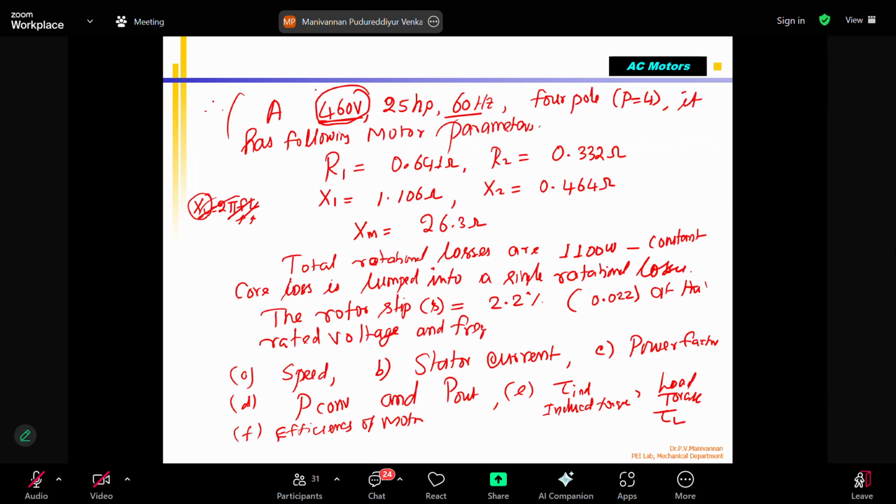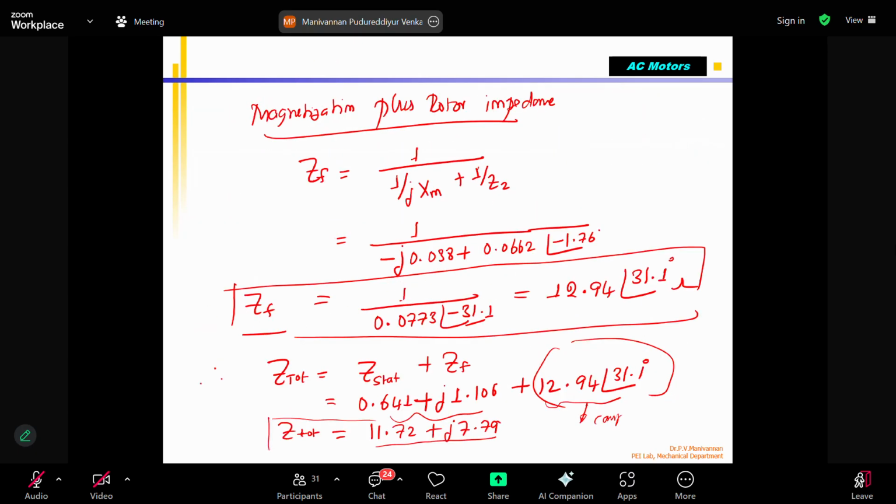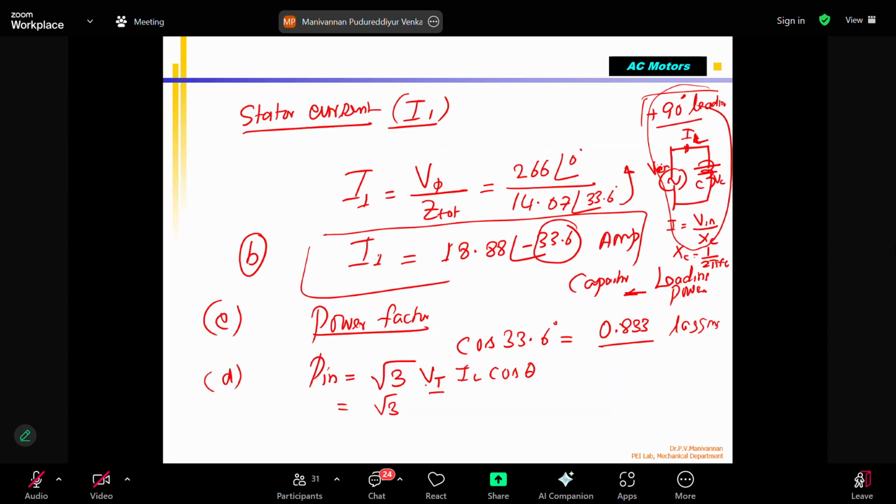We can substitute it directly, so the terminal voltage is 460, multiplied by the current IL, which we already computed. This is the input current supplied to the stator. So we are computing input power. Pin is nothing but the input power supplied to the motor through the stator coil.